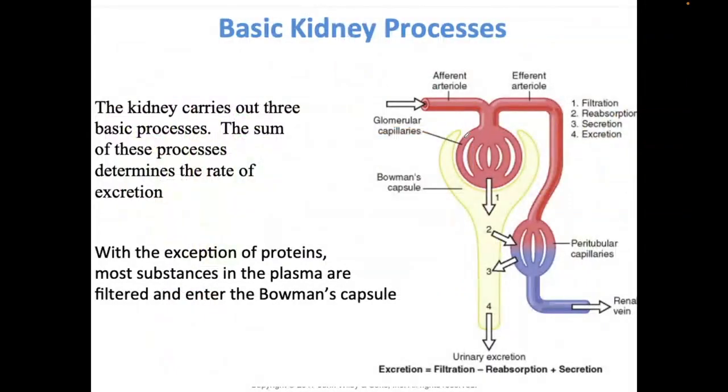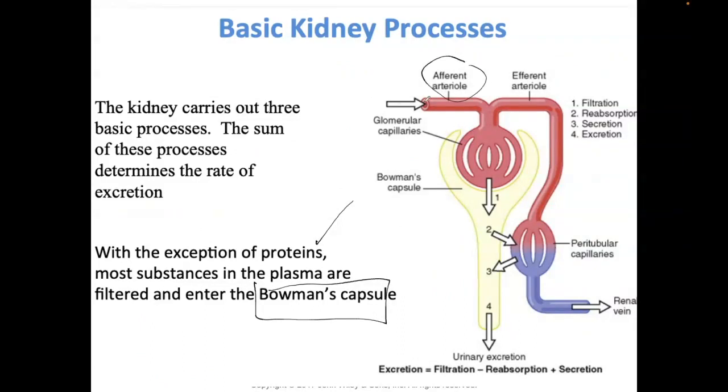Now here are the basic processes that take place in the nephron. The kidney carries out three basic processes, and the sum of these processes determines the rate of excretion. With the exception of proteins, most substances in the plasma are filtered and enter the Bowman capsule.